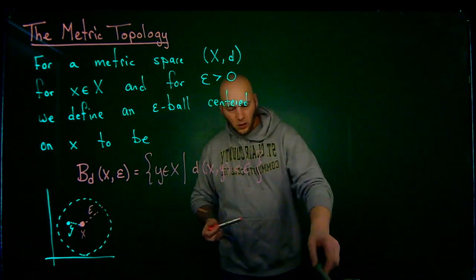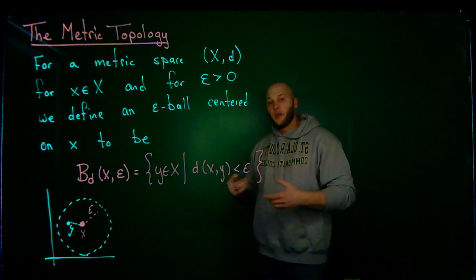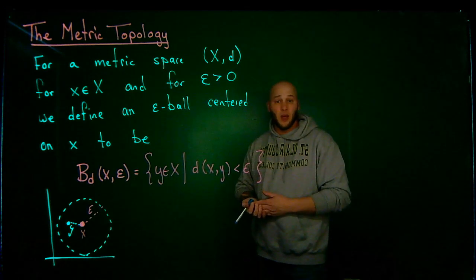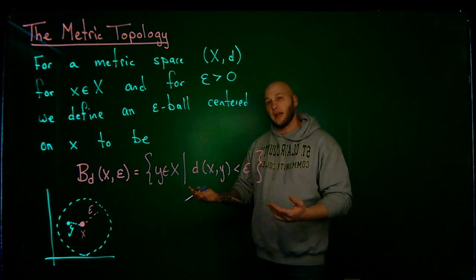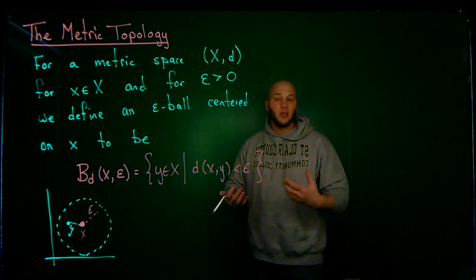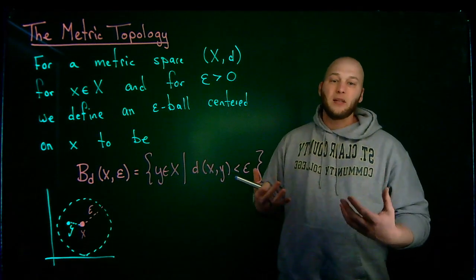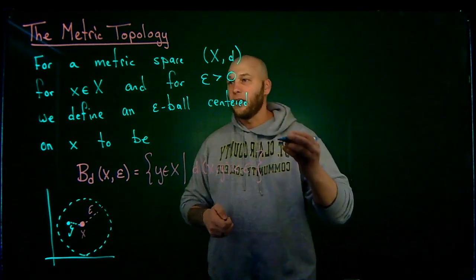Now what I do is take, for this metric space, the collection of all possible epsilon balls, where epsilon is any positive number and x is any element of the set, and that whole collection forms a basis for a topology called the metric topology. So let's write that out.